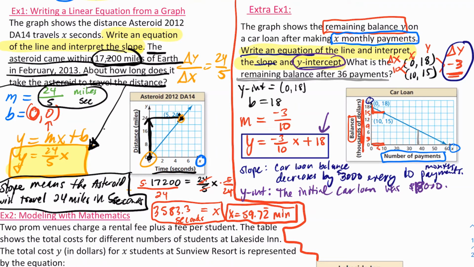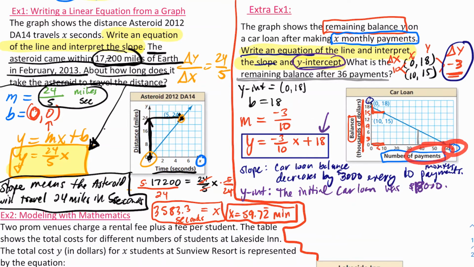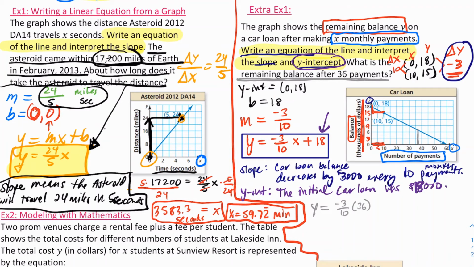So we need to use our equation. So this is the equation here. And so 36 payments are the x value. So we're going to put 36 here. So with your calculator, we're going to do y is equal to negative 3/10 times 36 plus 18.